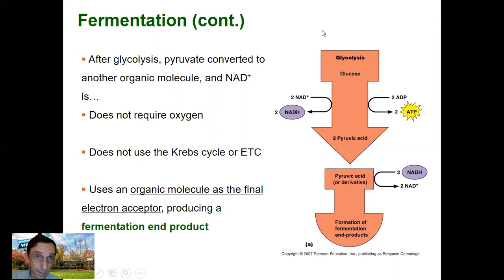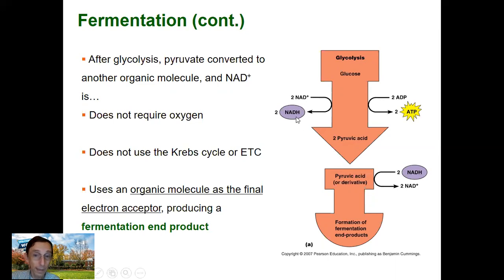Whenever oxygen gets limiting, instead of the muscle stopping work, it falls back on fermentation because fermentation does not require oxygen. It does not use the Krebs cycle or the electron transport chain. So why does your muscle cell recycle this NADH, or I guess recycle the NAD plus, and use up this NADH in the fermentation step?